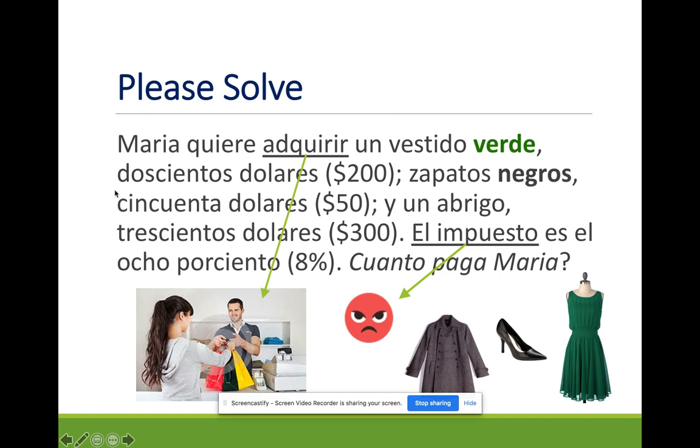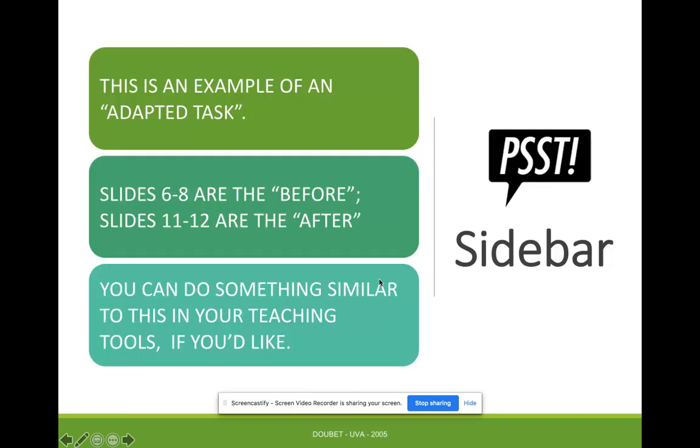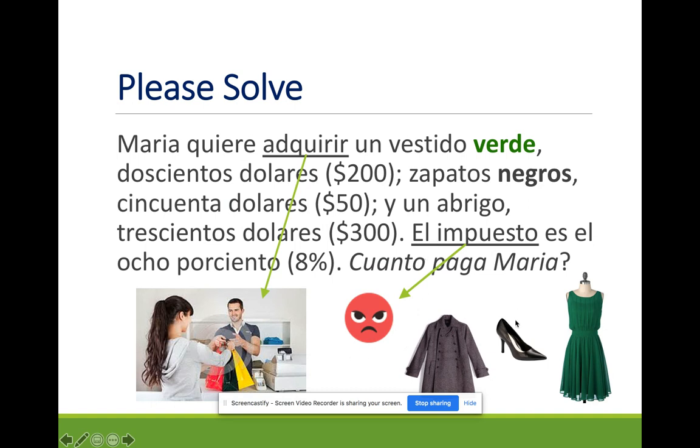I bet it's this, a green dress for $200. She's going to buy a coat, probably a black coat for $50. That's a pretty good deal. And she's also going to buy some zapatos. No, $200 down here. Sorry. And then an abrigo this for $300. That's the coat.